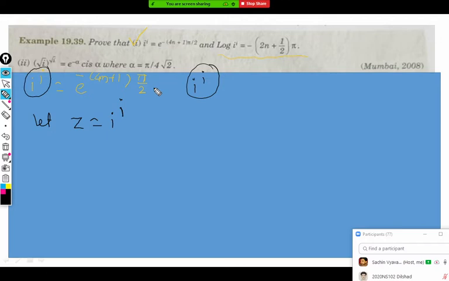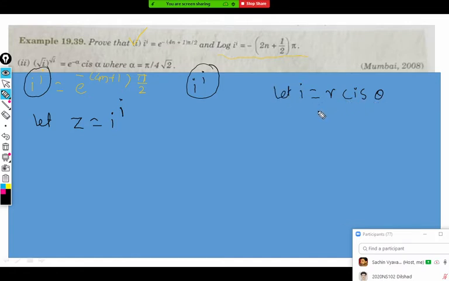To take a general log, first of all we require this iota in polar form. Can anyone tell me what the polar form of iota is? Let i equal r times cis theta.